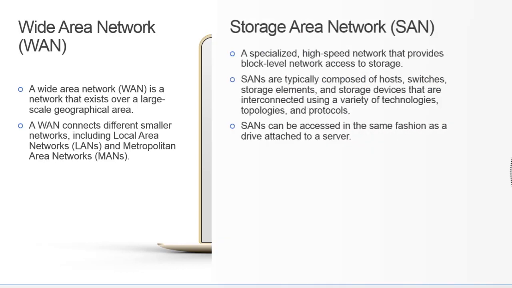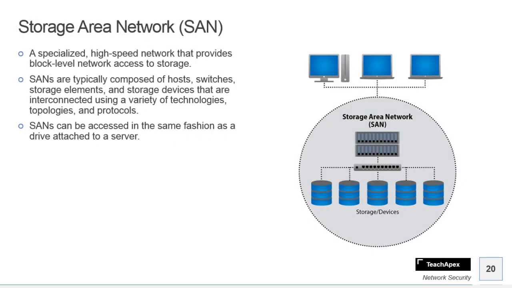All right, then next we have storage area network. As you can see in the diagram, a specialized high-speed network that provides block level network access to storage. This is basically a computer network which provides access to consolidated block level data storage, connects servers to data storage devices through technology like fiber channel, right?